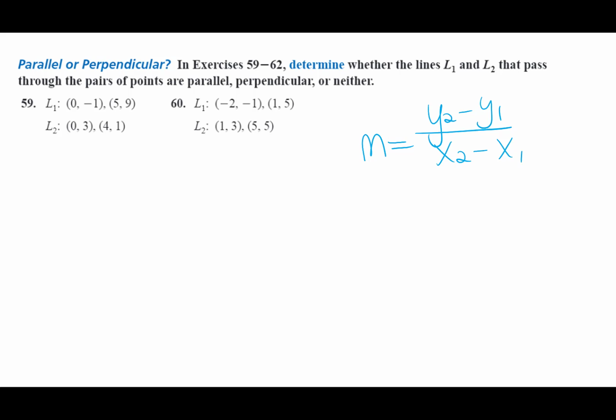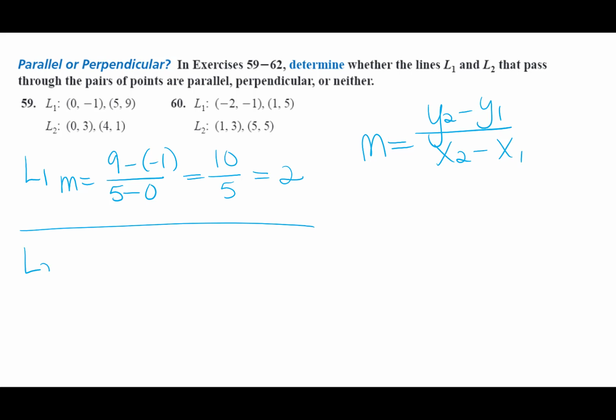So take a look at 51. Line number 1, the slope equals 9 minus negative 1 over 5 minus 0. 9 minus negative 1, if you add the opposite, it's 10. 5 minus 0 is 5. Reduce that fraction to the whole number 2.